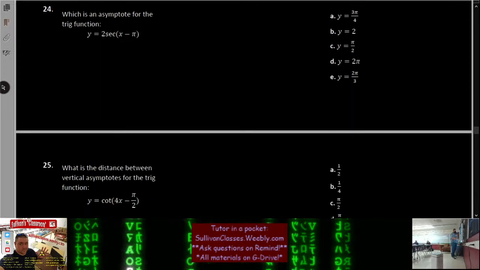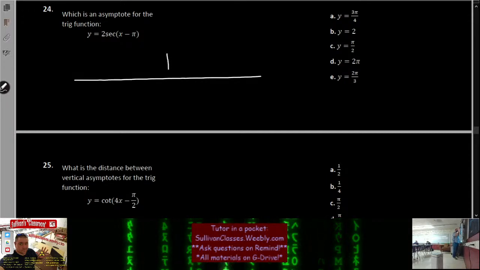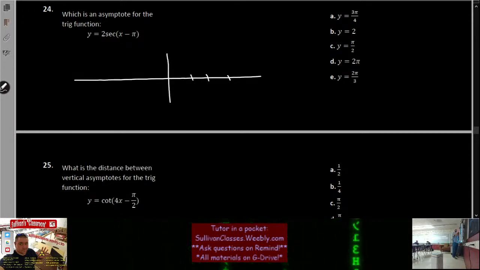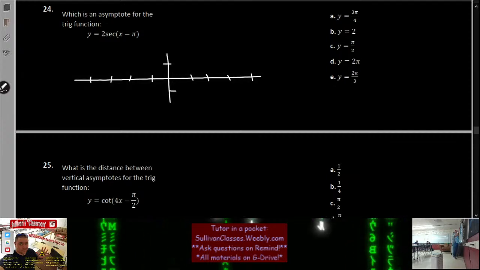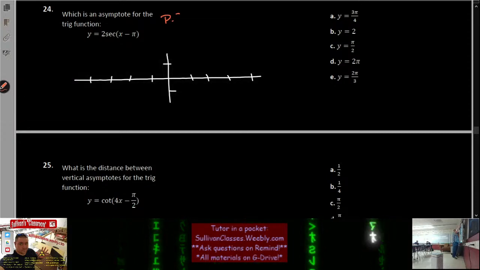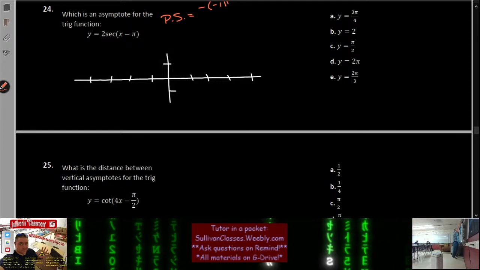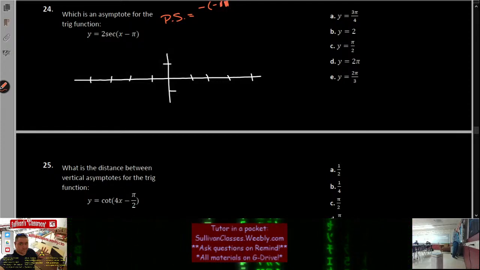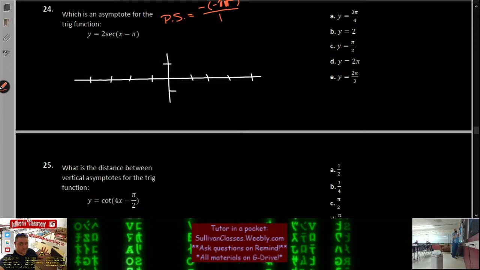Okay, asymptote. So same thing. Going to get ready to sketch a graph. 1, 2, 3, 4. 1, 2, 3, 4. The phase shift is still negative c over b, which is going to be a positive pi.